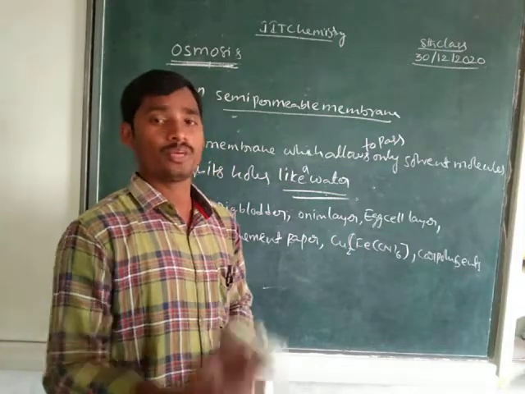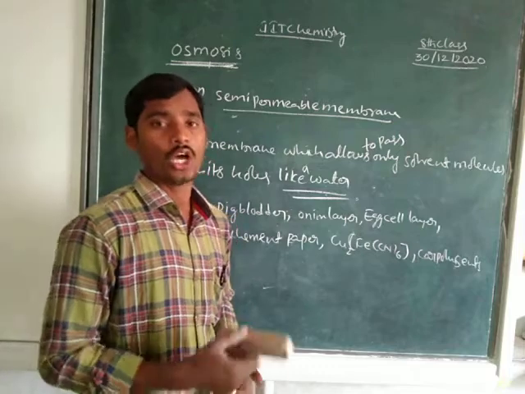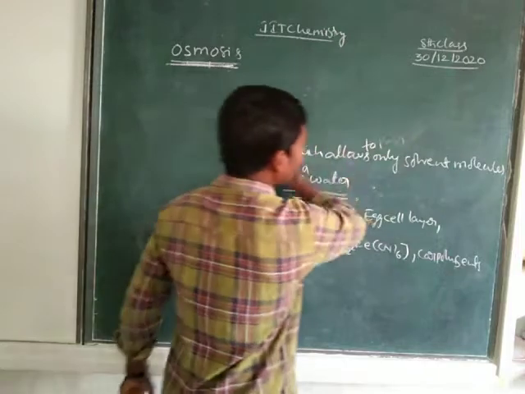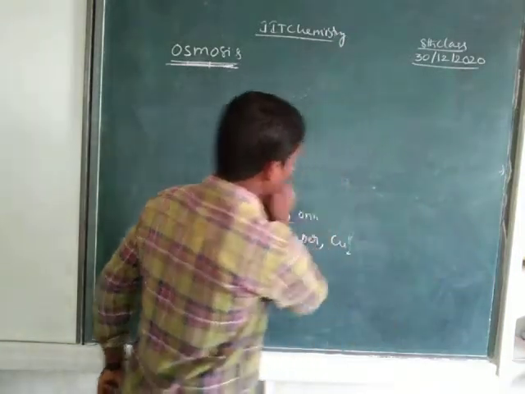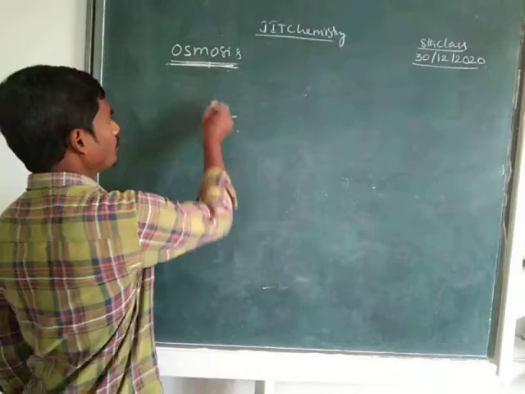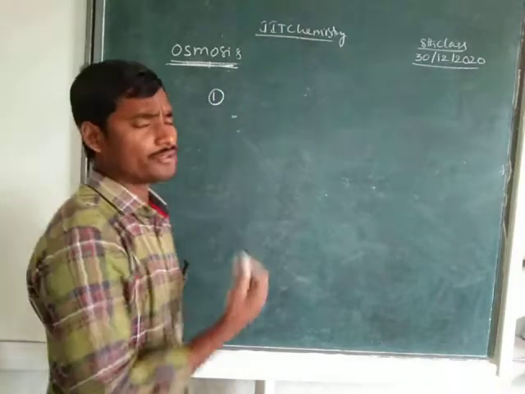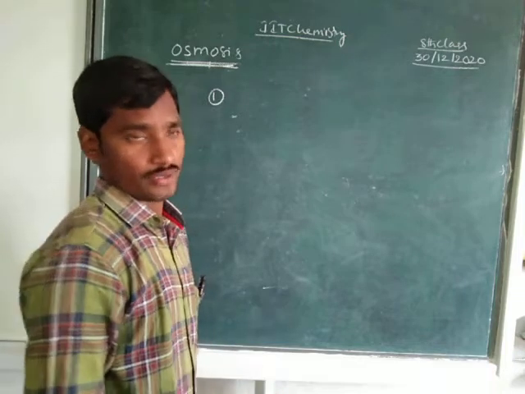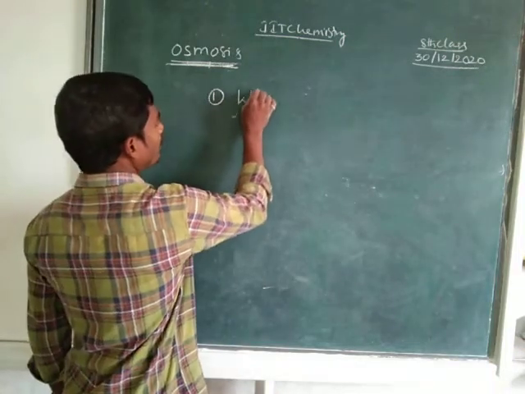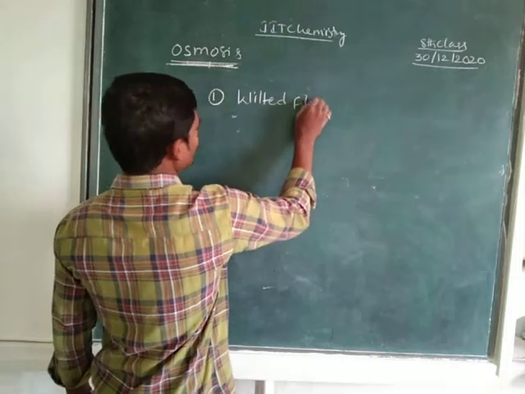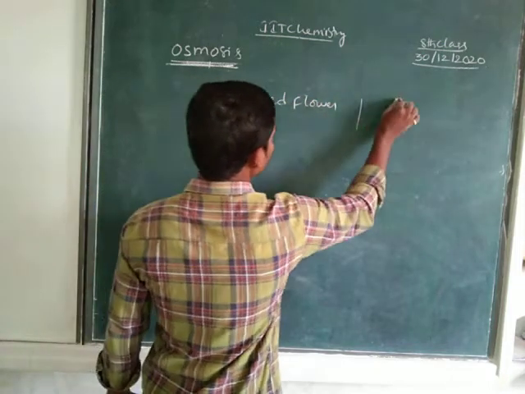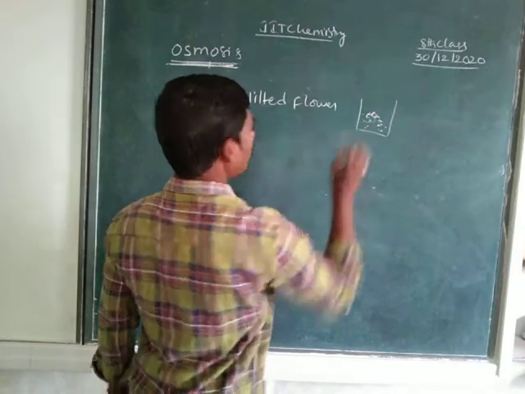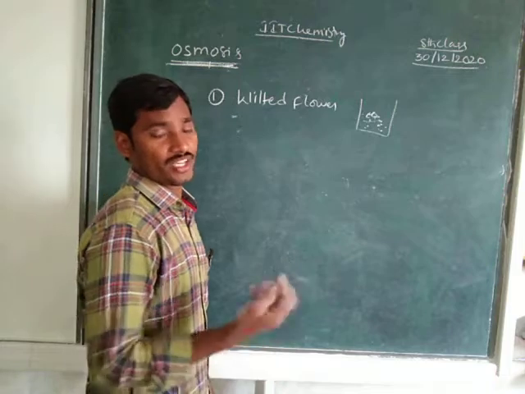Right? And where should we observe this osmosis process? Generally, we observe the osmosis process in our day-to-day life in so many examples. For example, when we take wilted flowers and keep them in water, the next day we get fresh flowers.